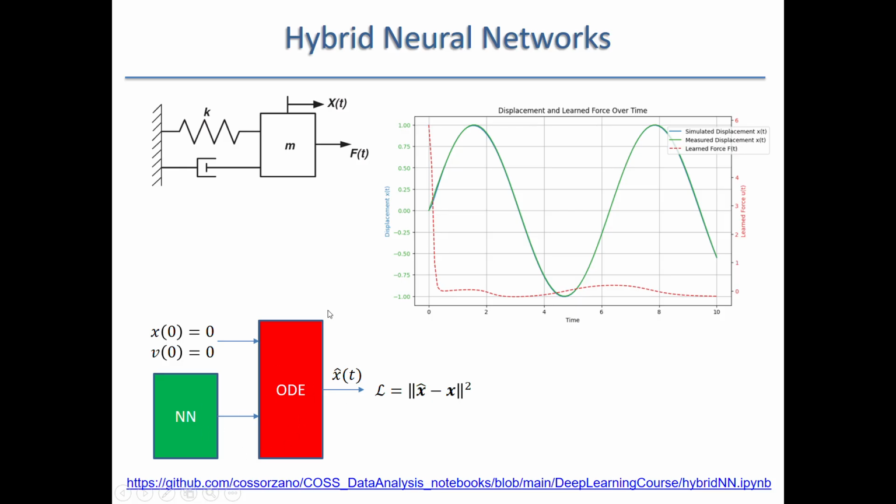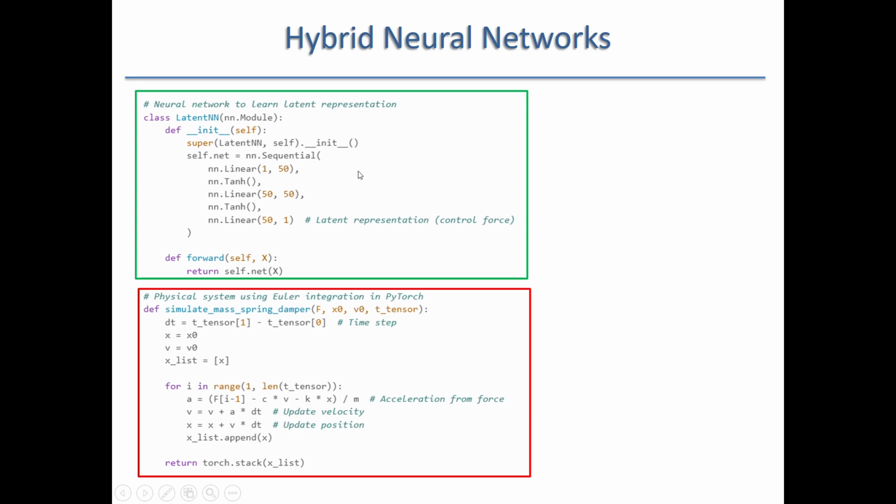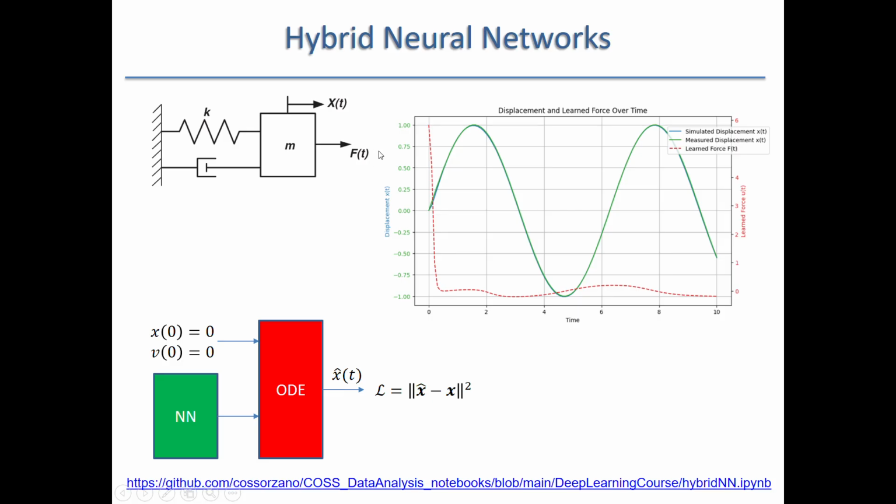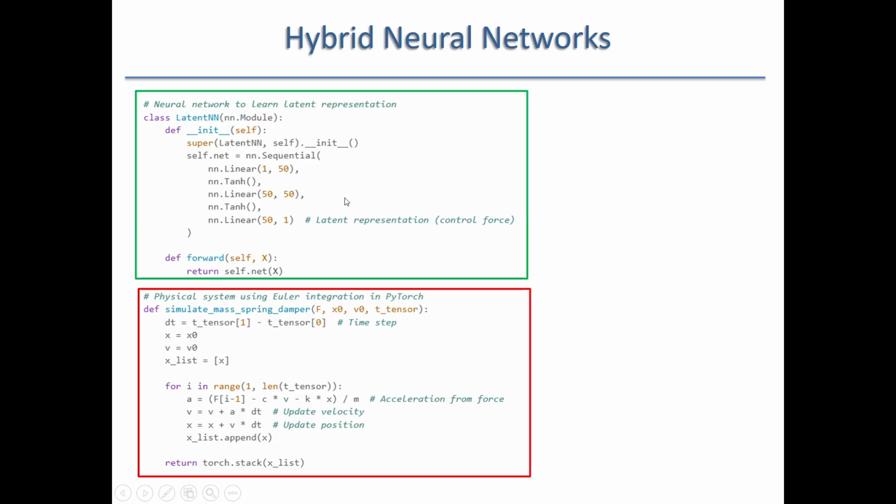So in our simulation, part of it is physical, but the other part, the interesting one, is what the force was. Okay, so we have the network that will learn the force, and the force only depends on time. That is what we have here. The force only depends on time. Unfortunately, I have called it x, but yeah, it is time.